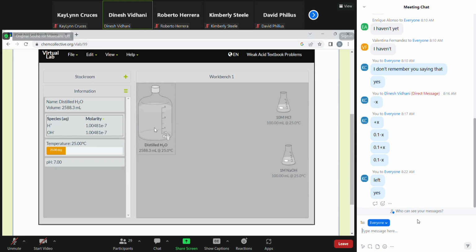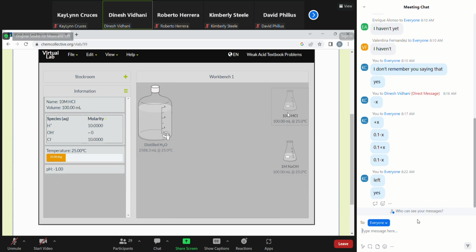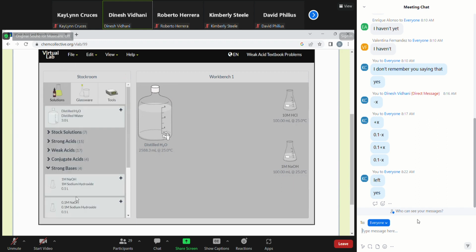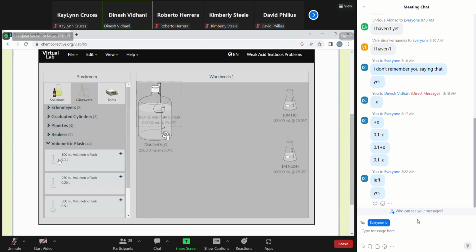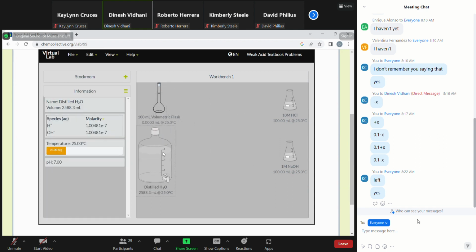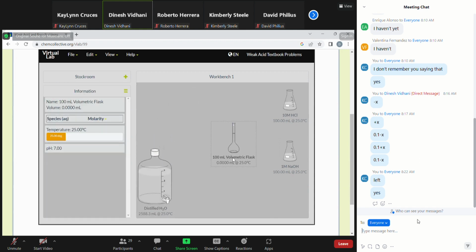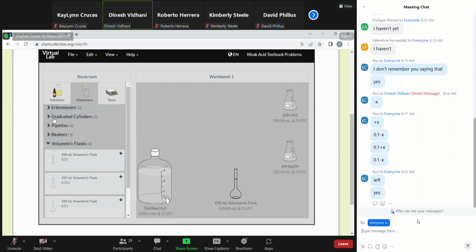Next thing I'm going to use, I need a flask. So I need one empty flask because I'm going to do that experiment. I need a volumetric flask as well. And then I go back to the stockroom.